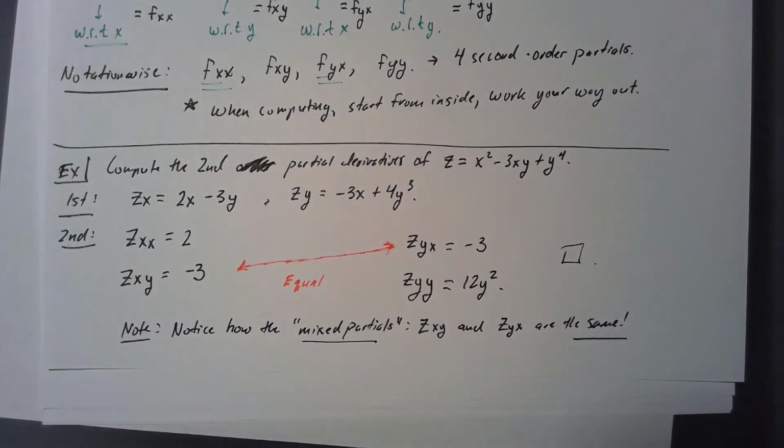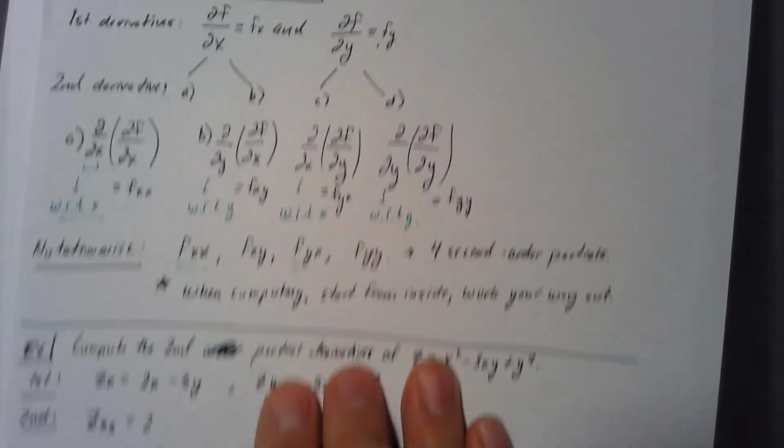And this is a theorem. So if I go to the next page, this is a theorem. What this theorem is called, there are multiple variations of it.